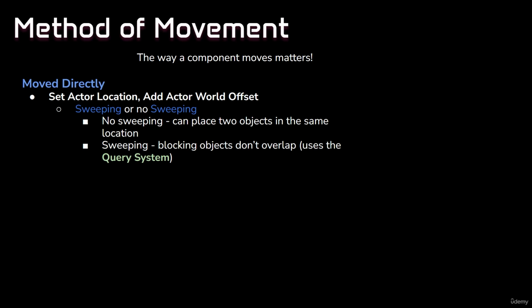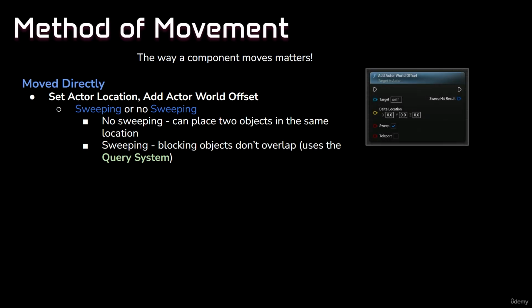And this uses the query system to calculate and detect and prevent that overlap. The function addActorWorldOffset, for example, has this sweep parameter. It's a simple Boolean input, and without this checkbox checked, we will not have sweeping, preventing two blocking objects from overlapping, at least with the query system.